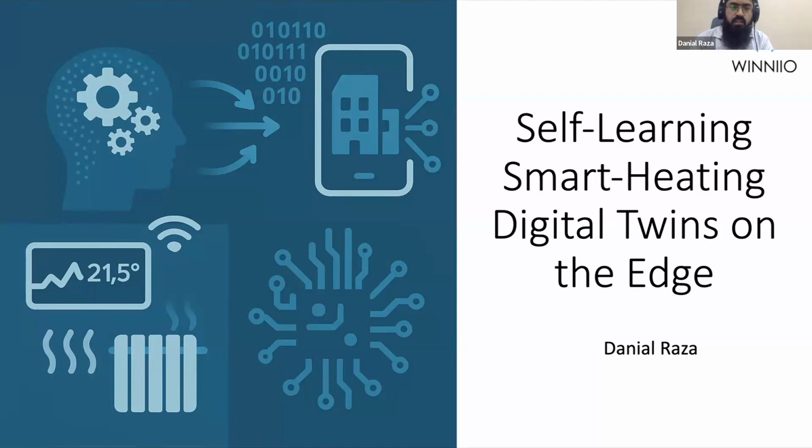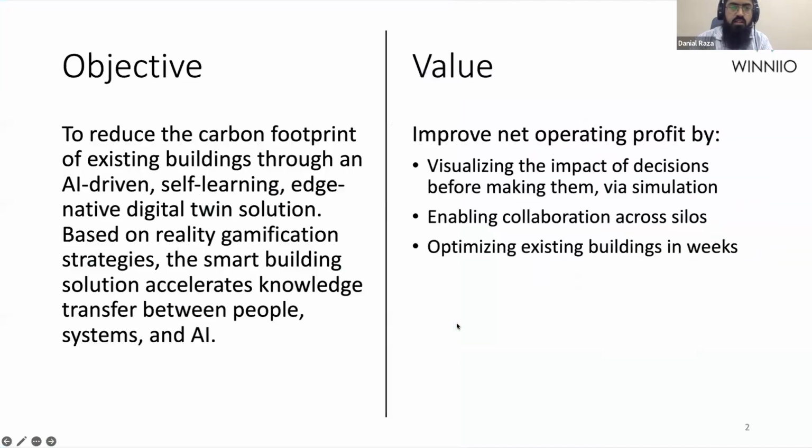Let's start with the objective of our project or product. We have a lot of different buildings, especially older buildings, all over the world. The problem is the systems built into them, mainly the heating system, the HVAC system.